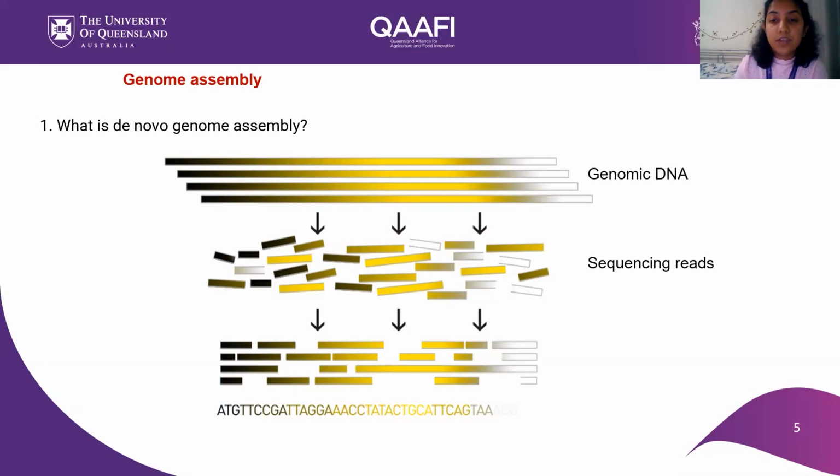Then these sequencing reads are assembled to form contigs. A contig is a continuous piece of sequence containing no ambiguous nucleotides or unknown sequence, which is denoted as N. Then these contigs are ordered and oriented to generate scaffolds, and finally, these scaffolds are joined to form a chromosome.